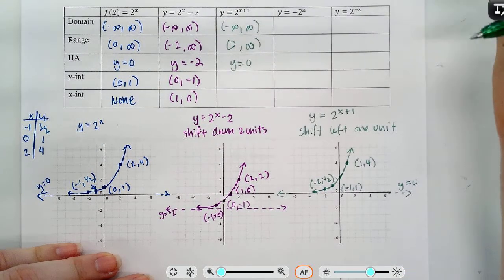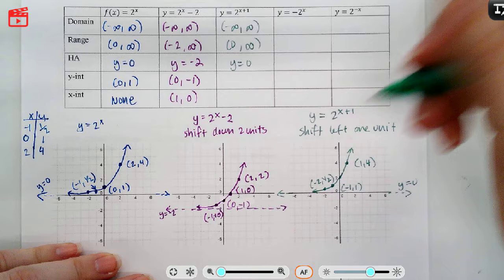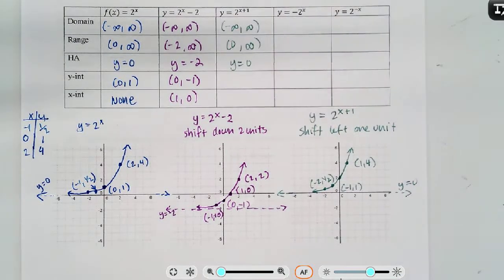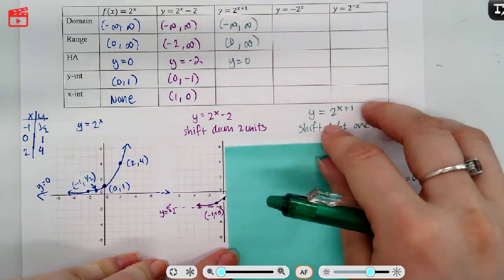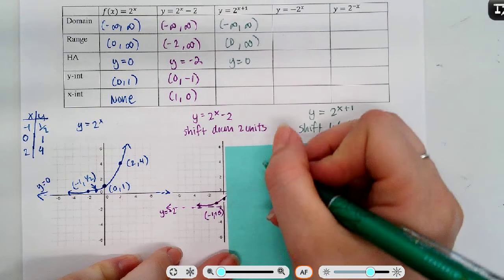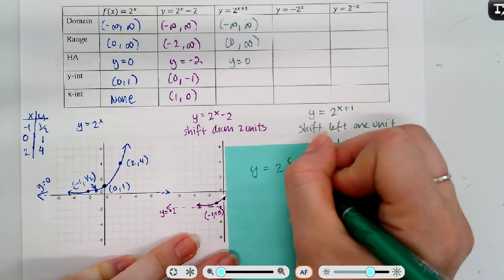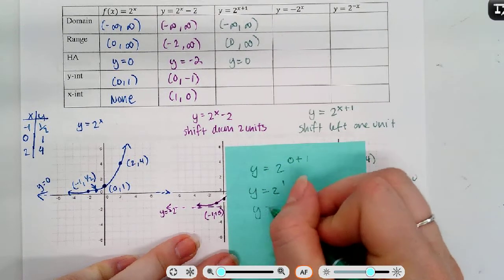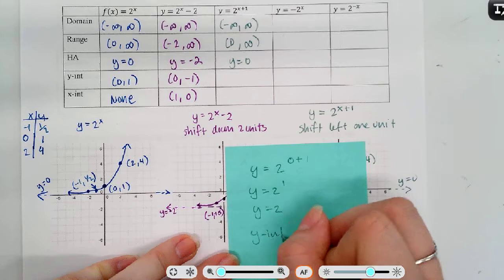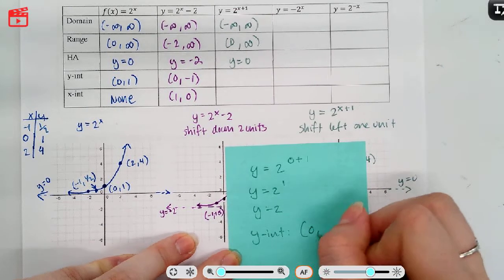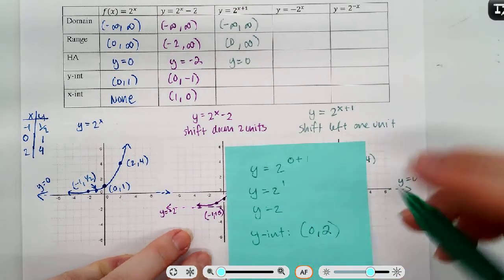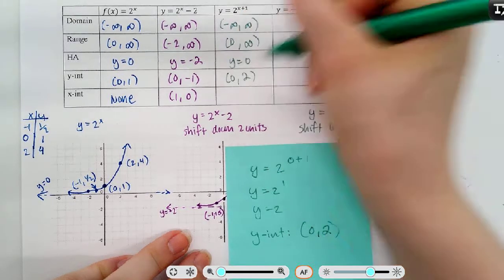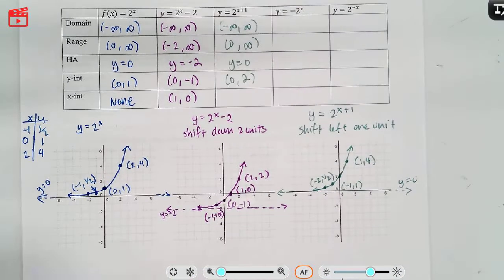How about our y-intercept? Okay, let's go ahead and find that. That's when we set x to 0. So y-intercept is going to be 2 to the 1 power, so that's 2. So my y-intercept is (0, 2). Let's see if we have any x-intercepts.